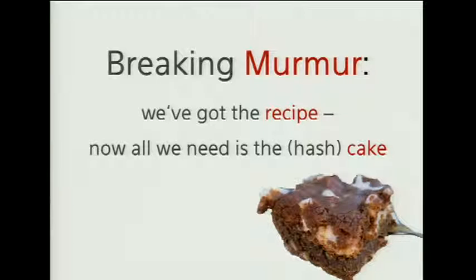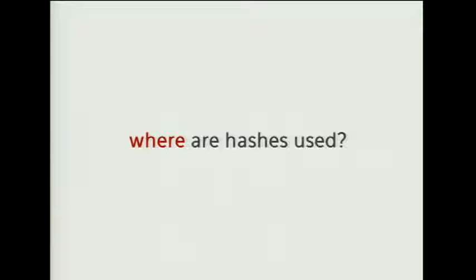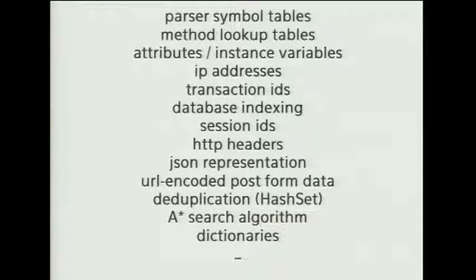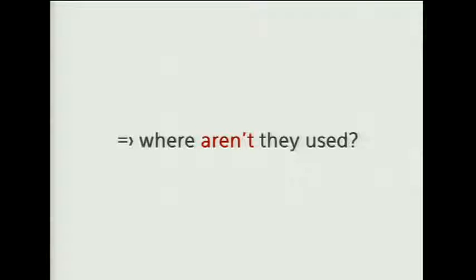Okay, we got a recipe, and all we need to do is bake a cake. So let's start to look, where could we actually apply this? And yeah, this is a short list, so you don't have to go through all of this. I think the question is rather, where aren't hashes used? So every real-world application has them somewhere.